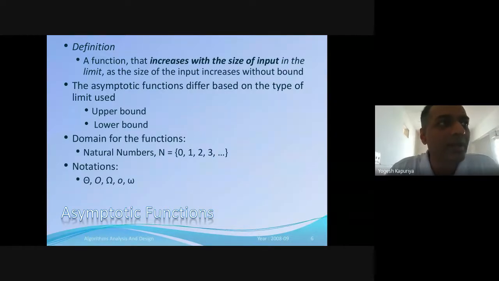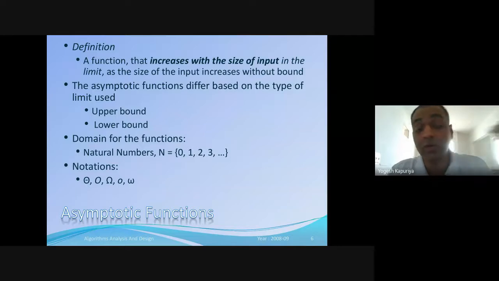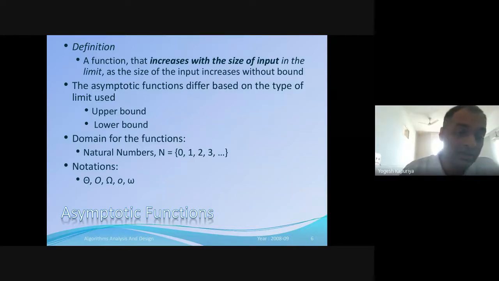So the values of n are always going to be considered natural numbers. That means it starts with 0. There are no negatives in this case. And there are mainly 5 notations. The first notation is theta. Second is known as capital O, and it's actually said as big O. Then this is omega.